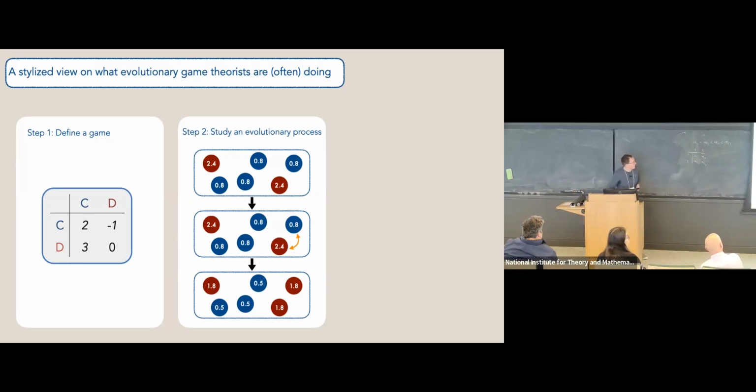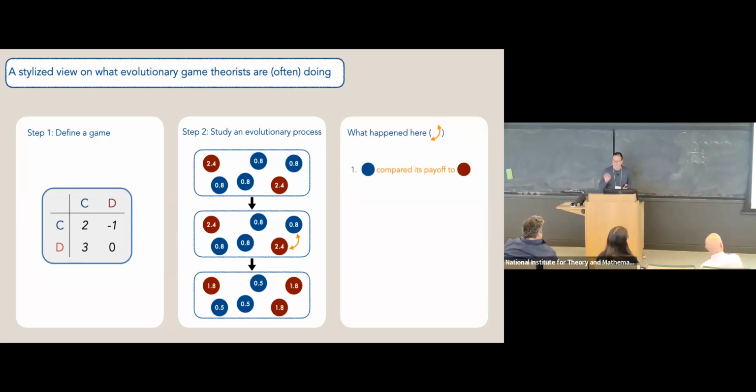What I would like to do today is look at this particular step where the arrow is. What happened at this arrow is that this blue type compared its payoff to the red type. Because the payoff 2.4 is larger than 0.8, this blue type decided to switch strategies.